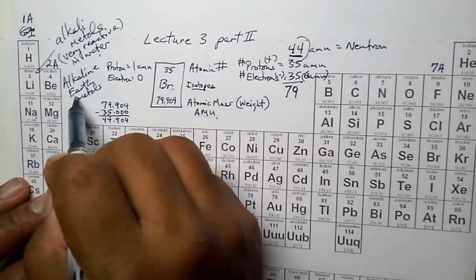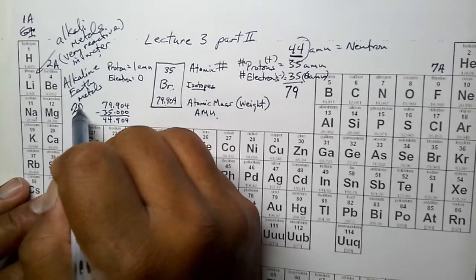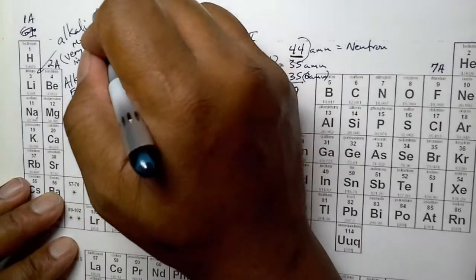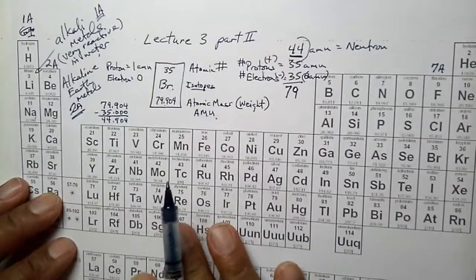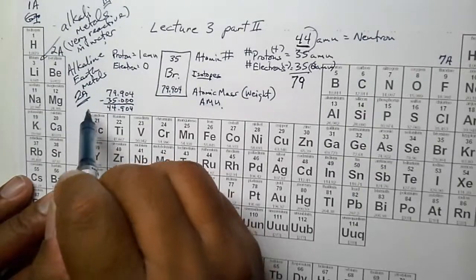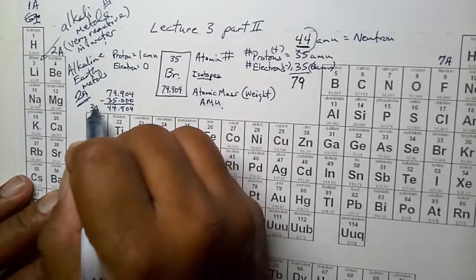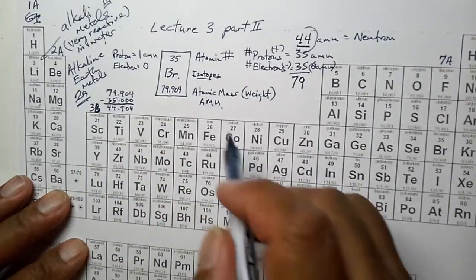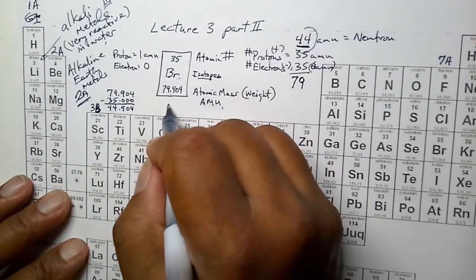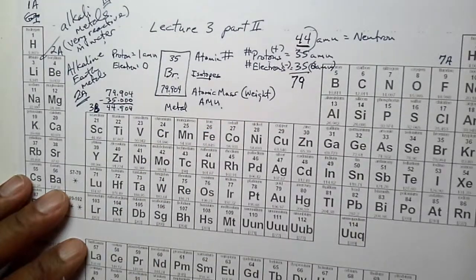Okay, the alkaline earth metals are in our group 2A, the alkali metals 1A. These groups continue being numbered across. However, these metals here in the center, these are all referred to as the metal class.